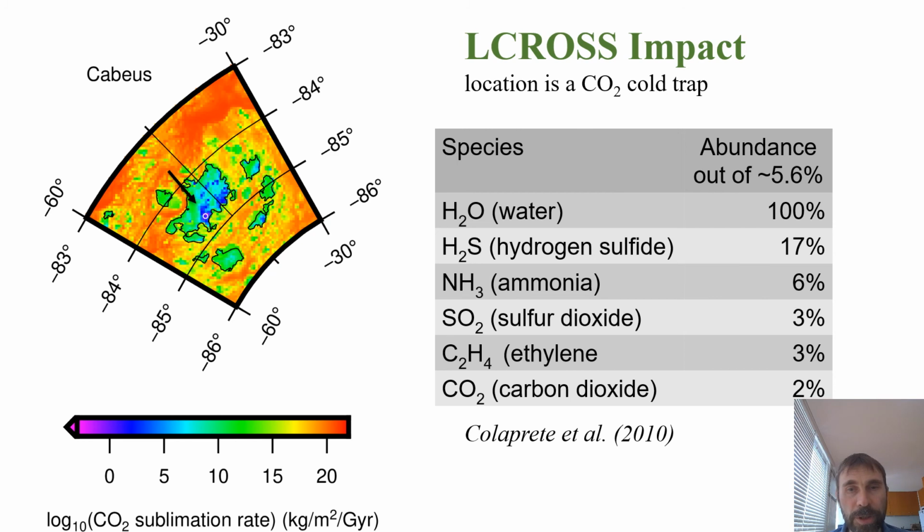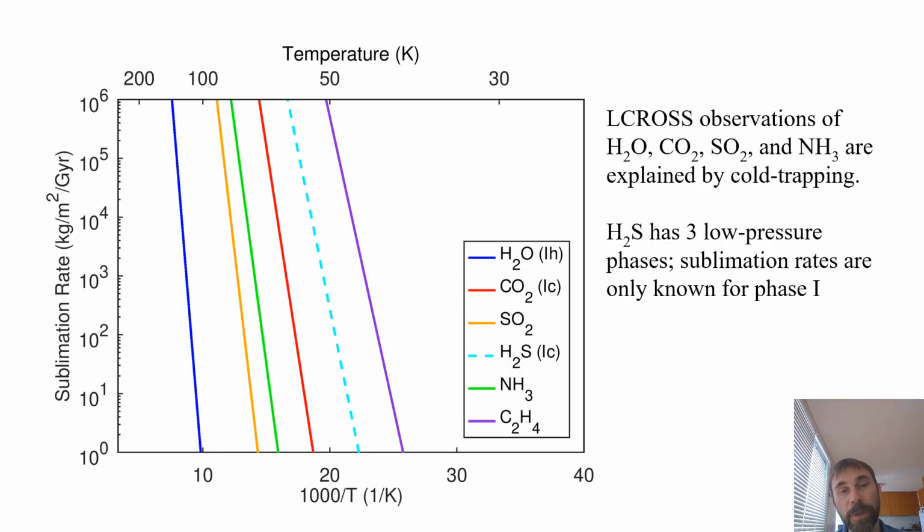And so there's hydrogen sulfide and ammonia and sulfur dioxide and ethylene and CO2. And the next slide shows sublimation rates for all of these. So SO2 and NH3 are less volatile than CO2, right? So they're between H2O and CO2. So they are cold trapped too, which follows automatically. So at least these 4 species are cold trapped.